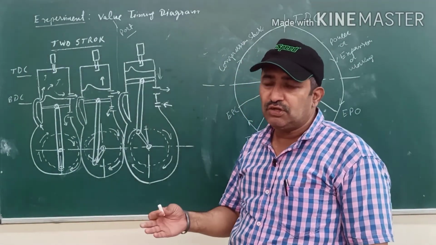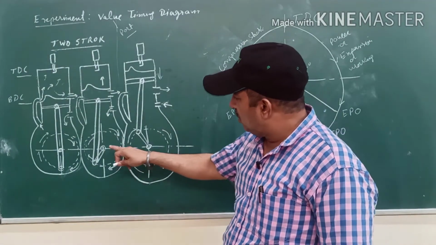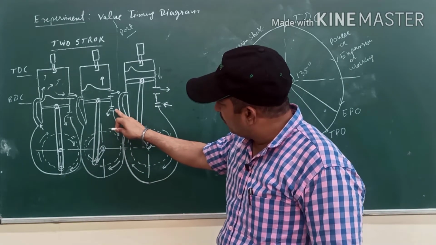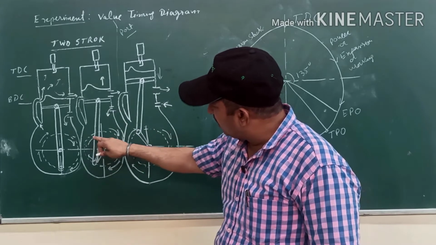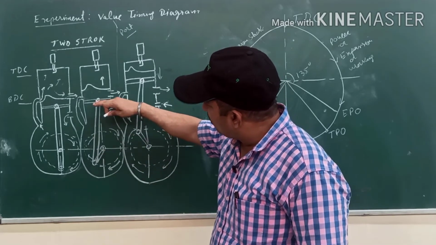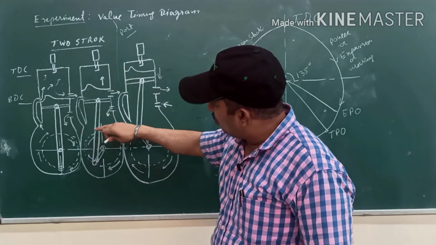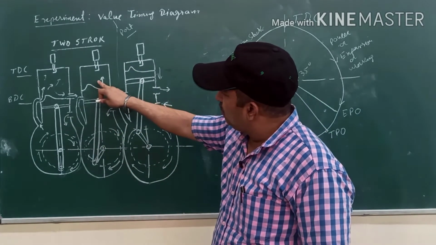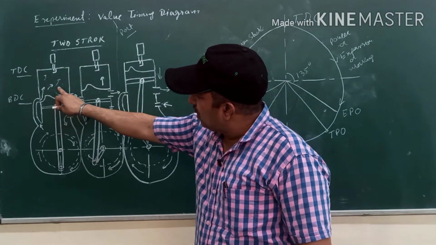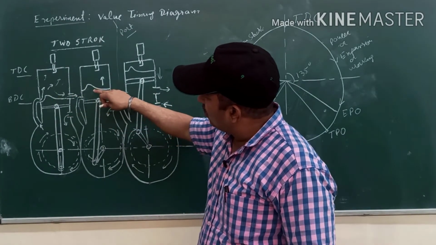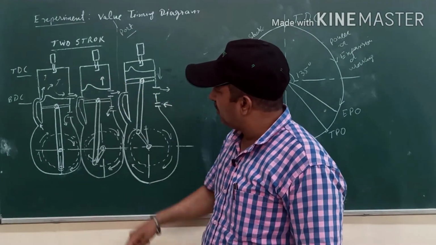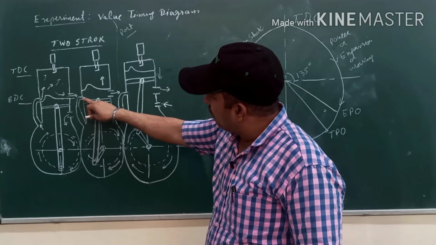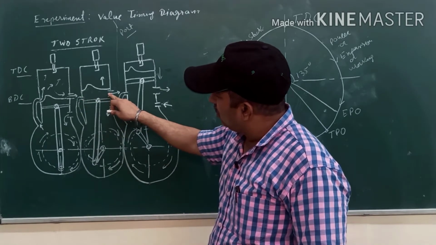We discussed this in our previous video. Suction starts here, so inlet port opens, air and fuel mixture enter inside the crankcase as the piston moves upward, and the mixture transferred to the combustion chamber is compressed there. Transfer port closed, exhaust port closed.